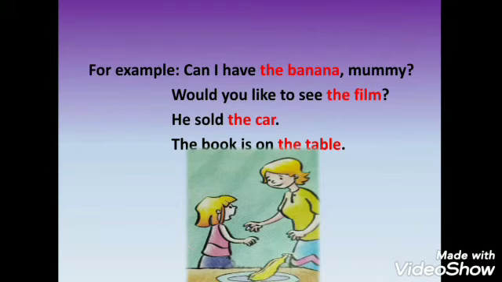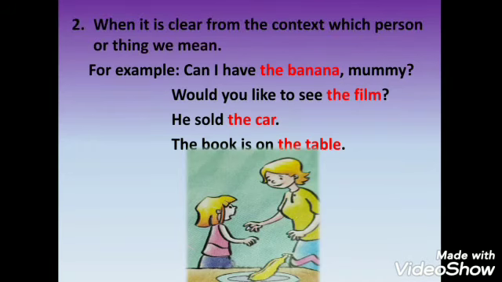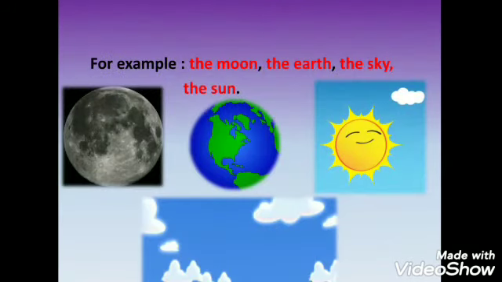You are specifically mentioning which banana or which film you want to see, which car he sold, or on which table the book is kept. Therefore, the second point will be, we use THE when it is clear from the context which person or thing we mean.